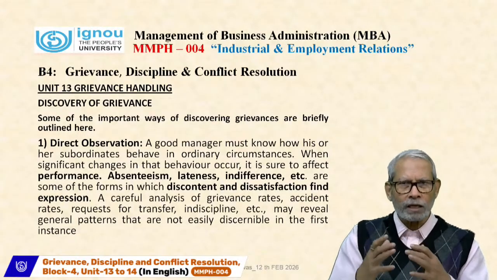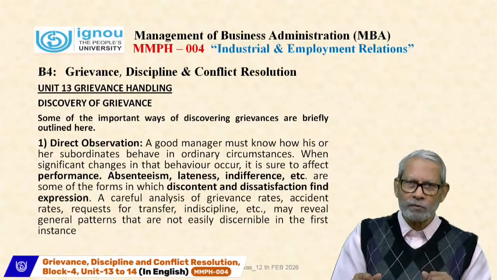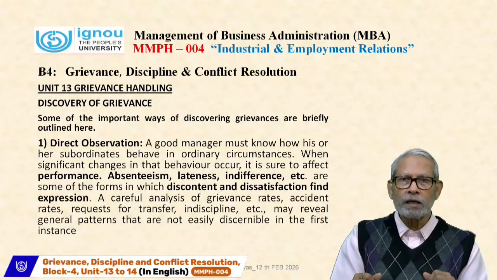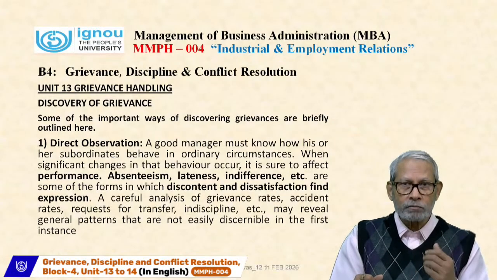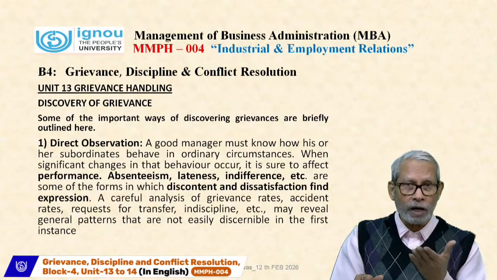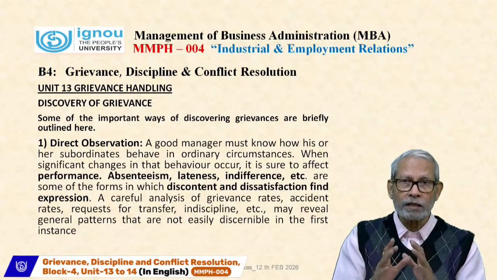If some unusual behavior is observed, you have to be careful about it: why is he reacting this way, and why are his responses not coming at par with the earlier ones? That time is the indication, the alarm stage.